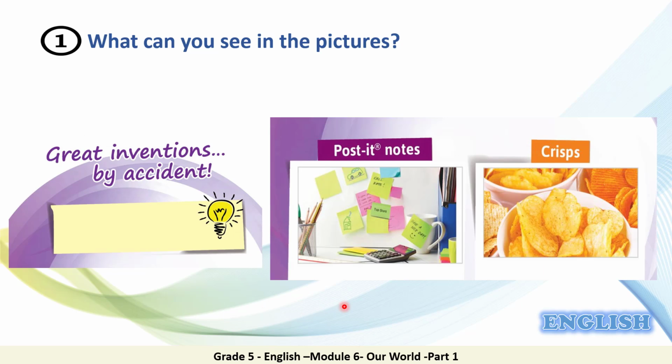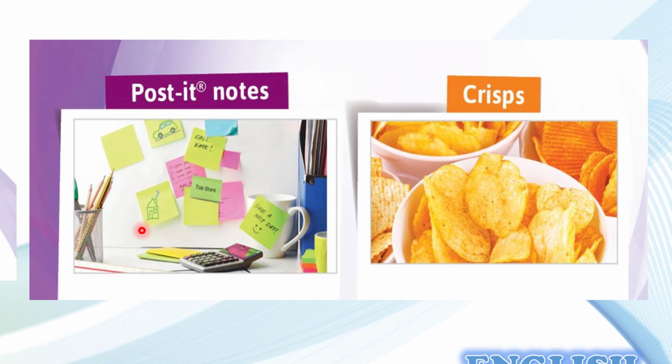I want you now, my friends, to look at these pictures and describe what you see. Here we can see chips or crisps, and here we can see some sticky notes or post-it notes. What do you think the text is going to be about? Is it going to be about how to make chips or about how to take notes?